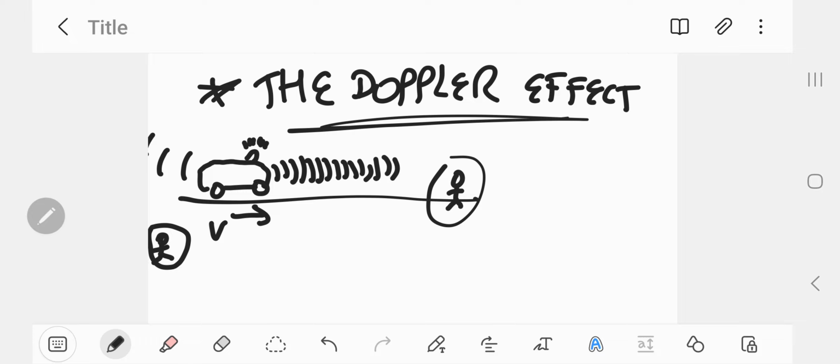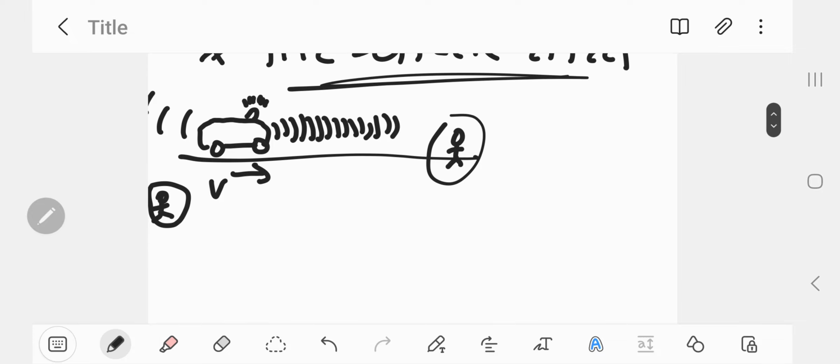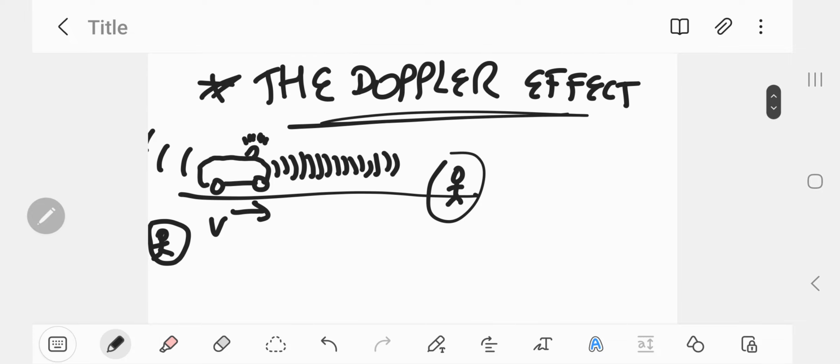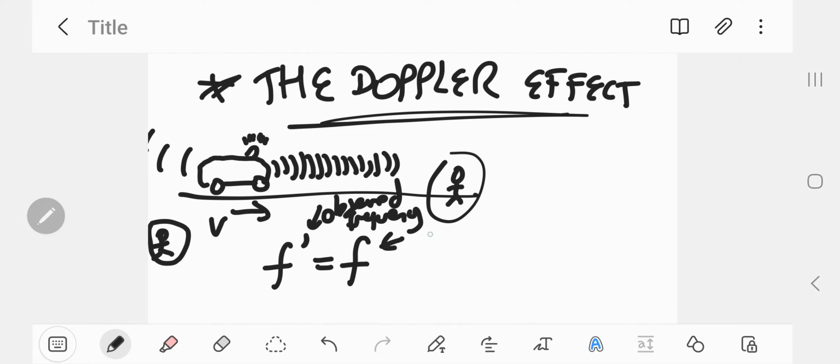So here's the actual formula, the relationship for the velocity of the sound wave and the velocity of the source. The frequency f is the frequency heard by the observer.